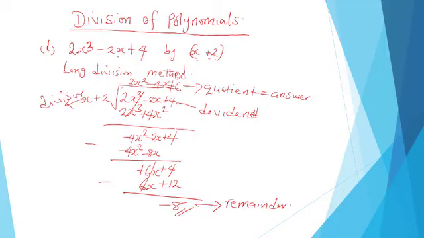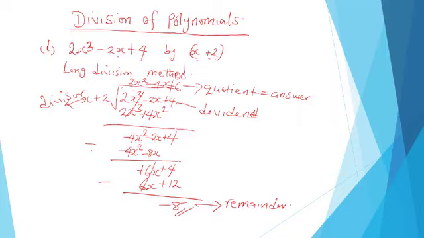In every polynomial division, this is just the format used to get your answer. So when this is divided by this, what you have is 2x squared minus 4x plus 6, and what will now remain is minus 8. That is the explanation of this division.